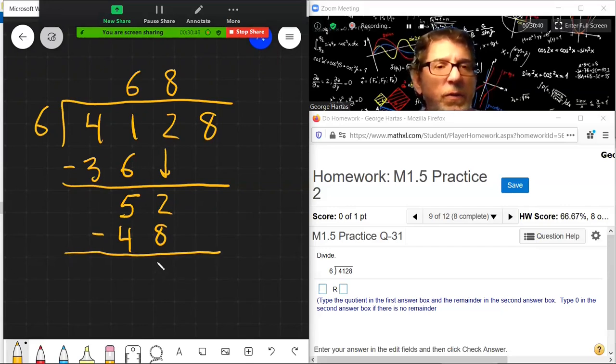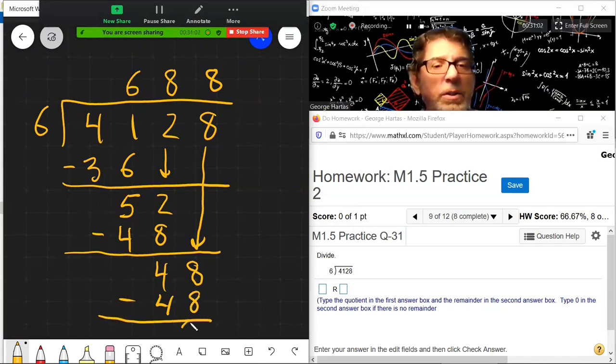The difference is 4. Bring down the last digit. 6 divides into 48. We just did that 8 times, right? 8 times 6 is 48. Remainder is 0.